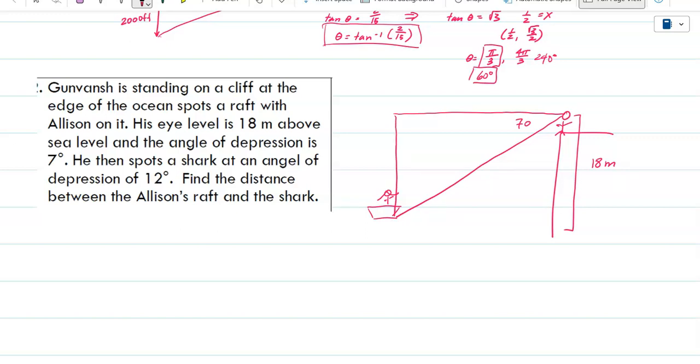So if you take that look, we created one triangle, and that's 18 meters. I'm going to redraw that triangle right here to Allison. That's 18 meters and 7 degrees. He spots a shark at an angle of depression of 12 degrees.